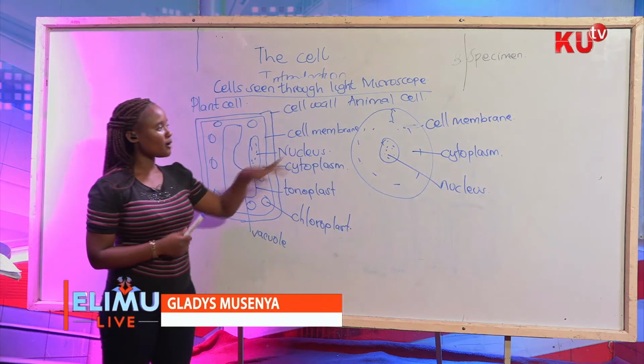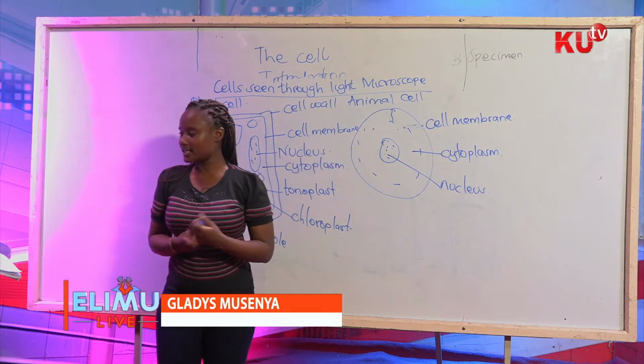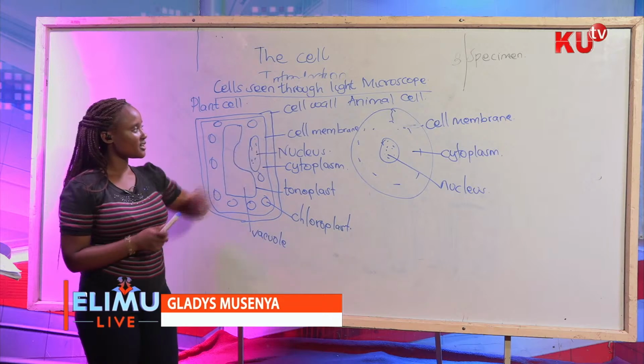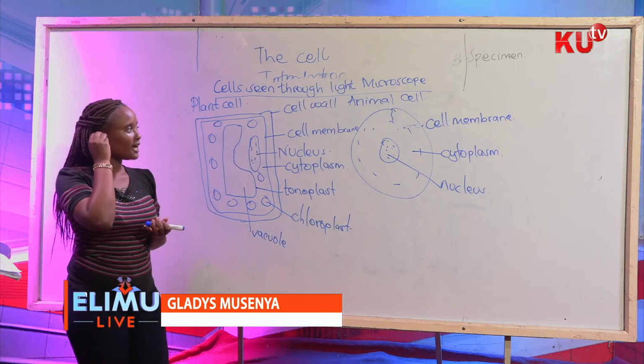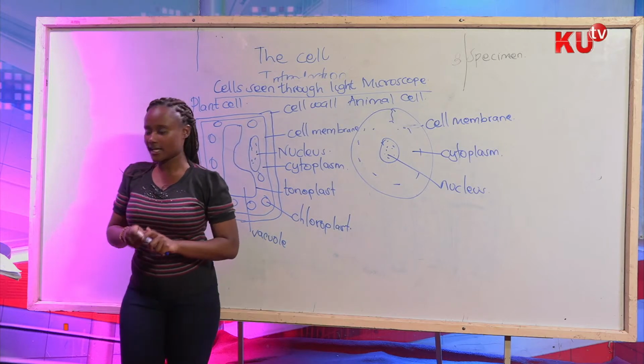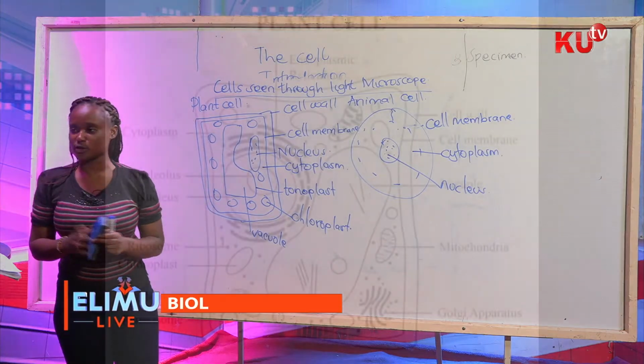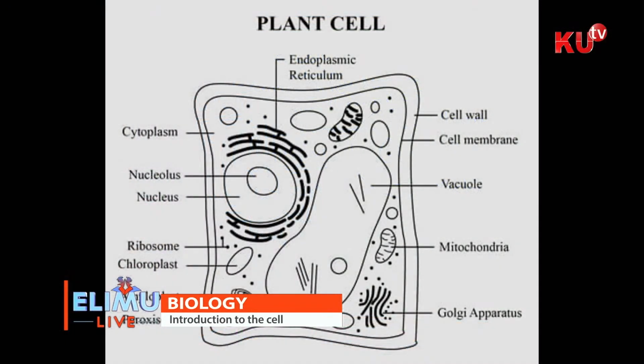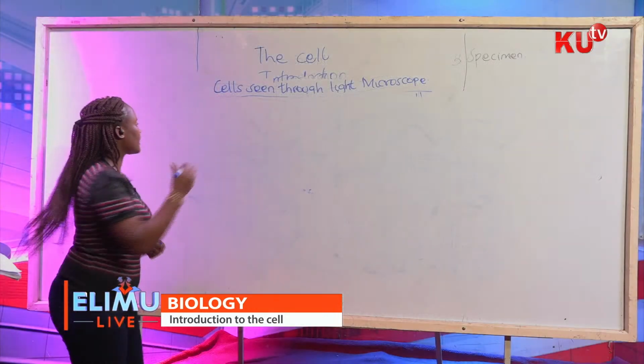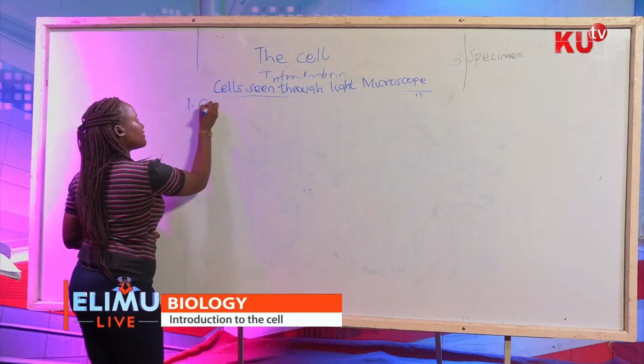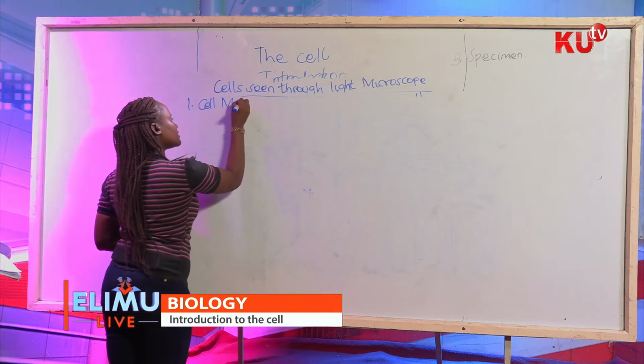Now let's talk about the functions and the structures of the cells seen under the light microscope. We are going to start with the cell membrane.